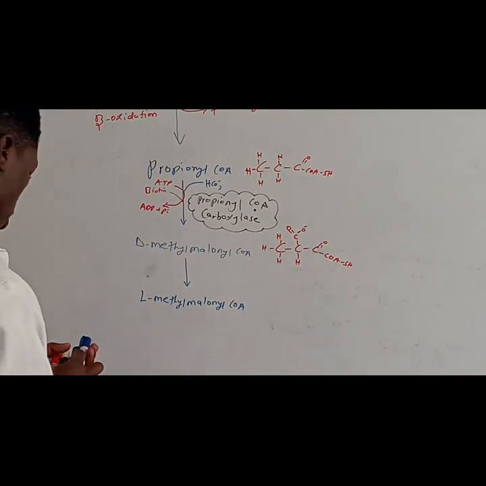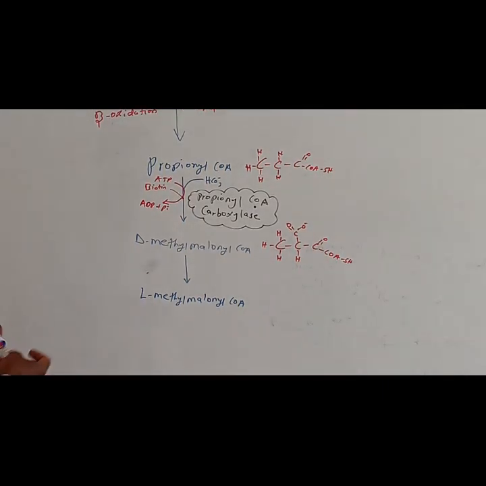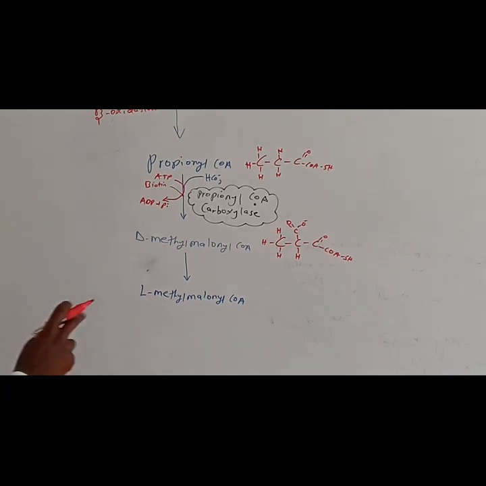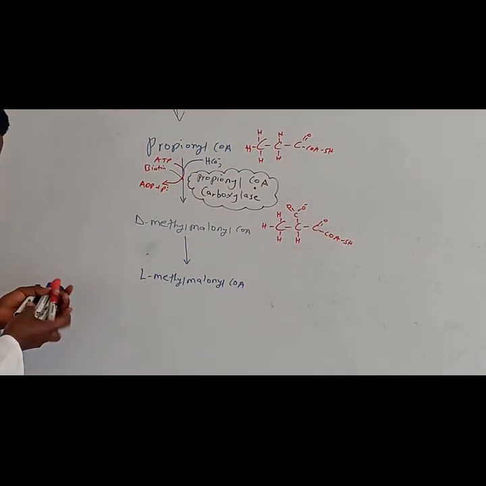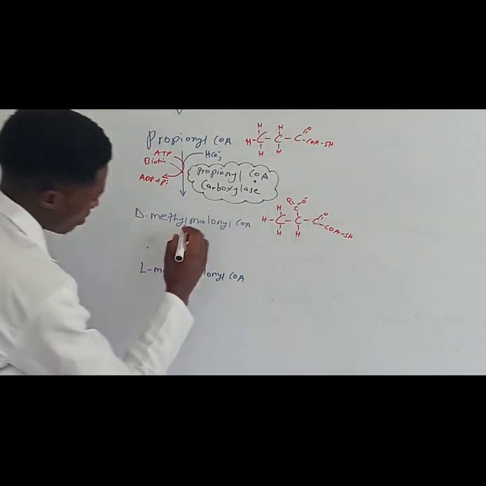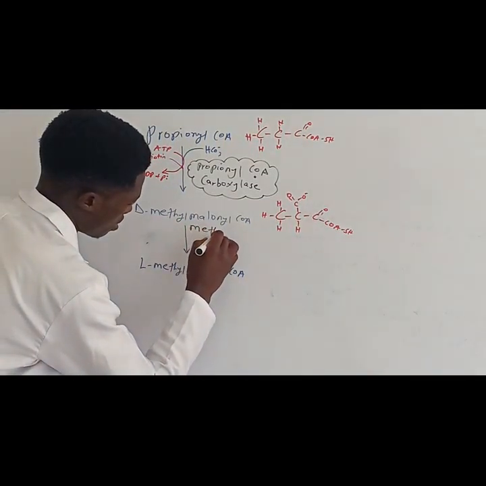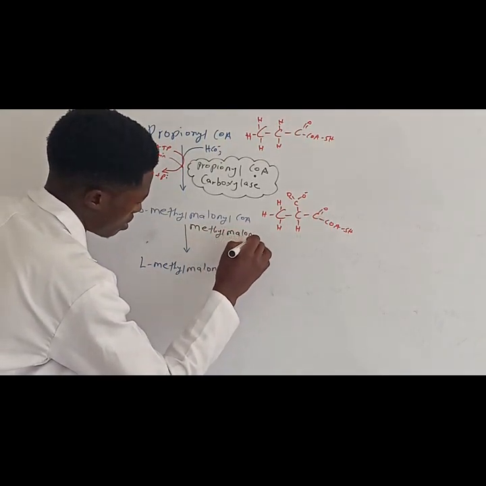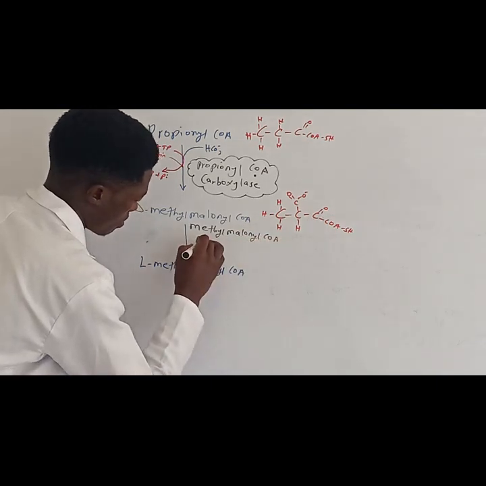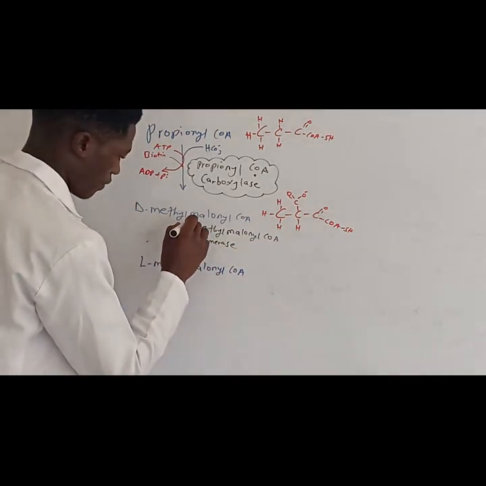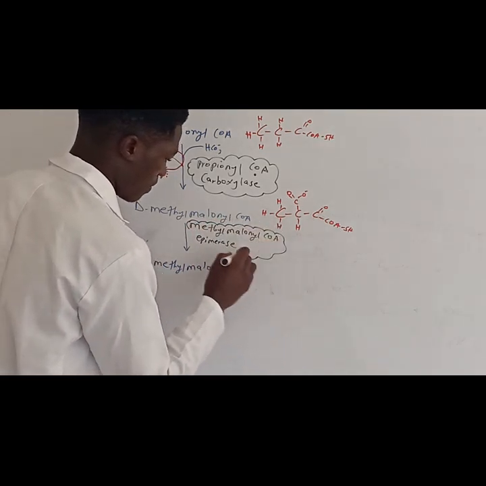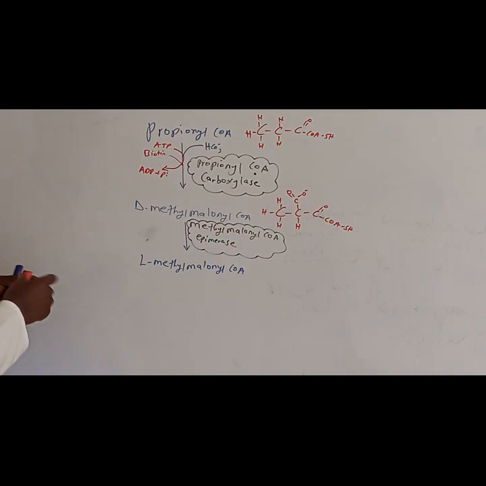Now this is going to be done by an enzyme called methylmalonyl CoA epimerase. This enzyme is just going to change the configuration, right? So that you're going to have our L-methylmalonyl CoA.